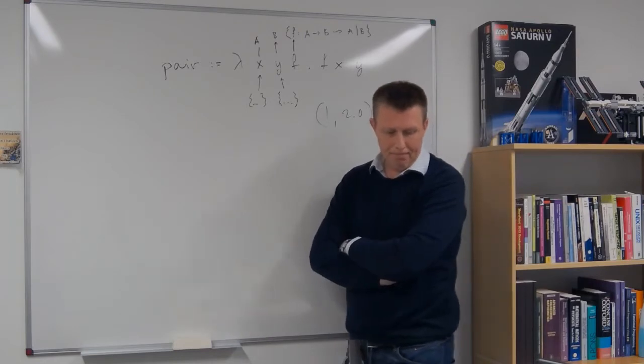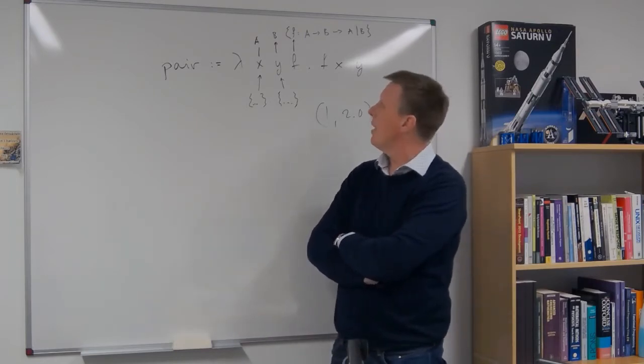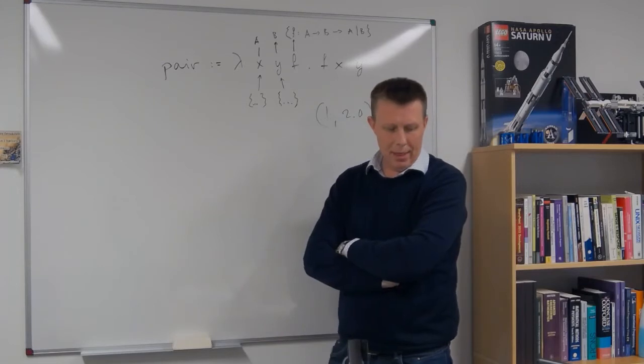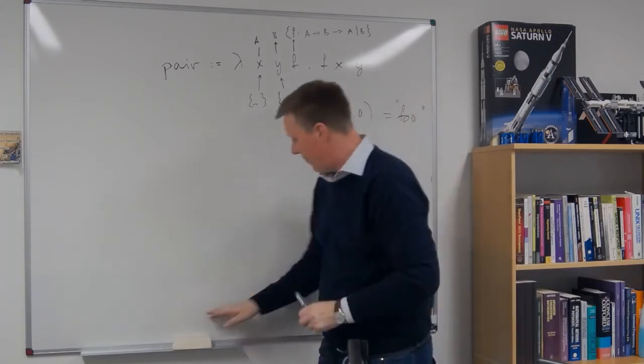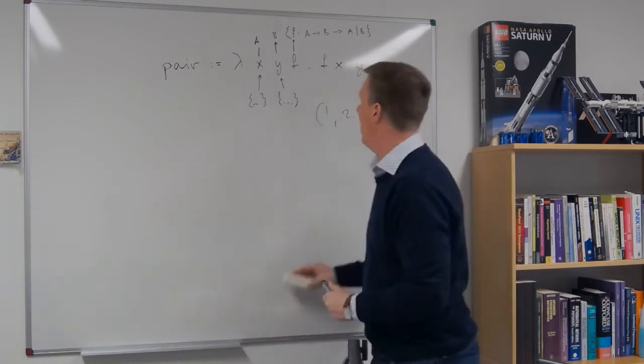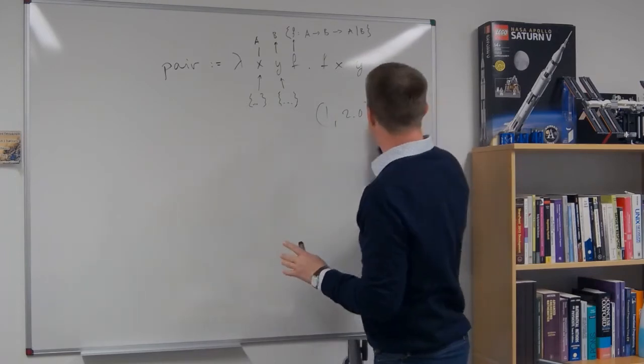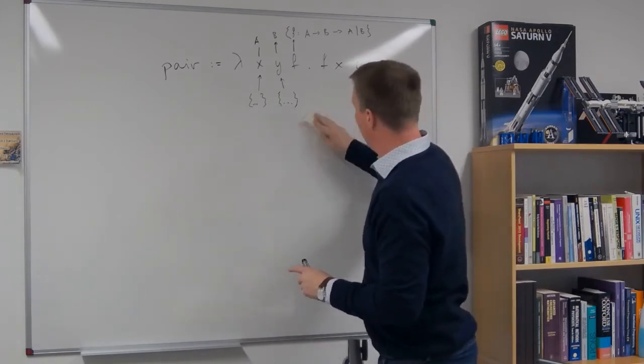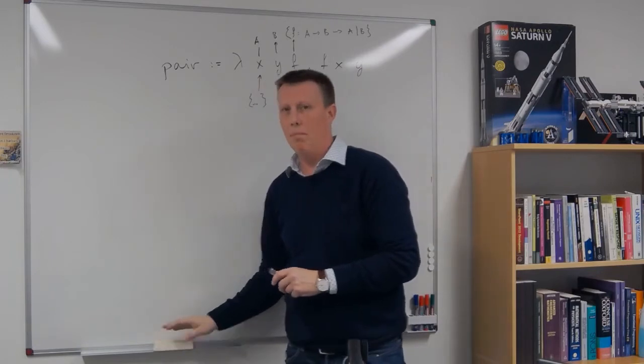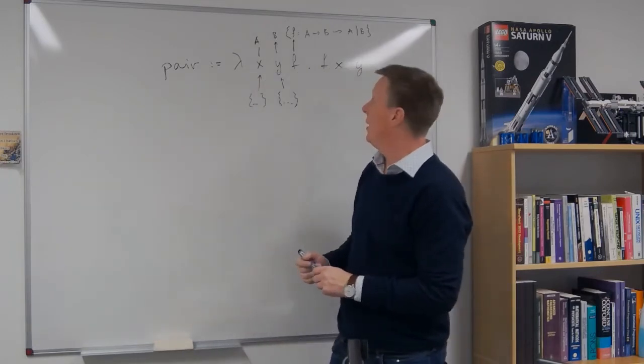But there are some deep connections here, and we're just not going to go there. But I'm just going to mention them very briefly, because it sort of shows you how big and mind-bending this actually can become.